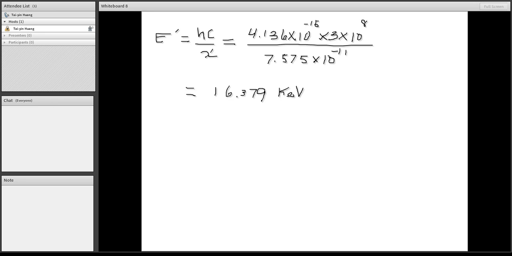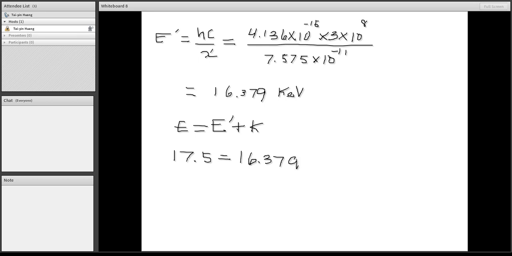So now what will be the maximum kinetic energy of the electron? If you remember, E is equal to E prime plus K. So we just plug in whatever numbers we have. Your incoming photon has 7.5 keV, and your outgoing photon has 16.379 keV.